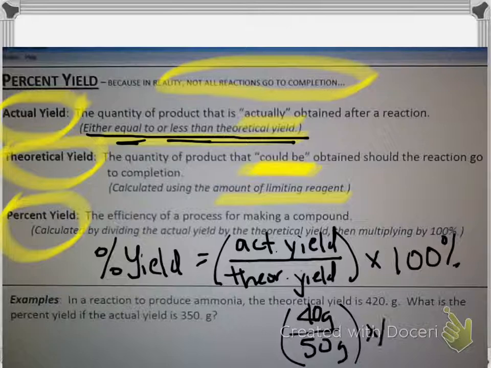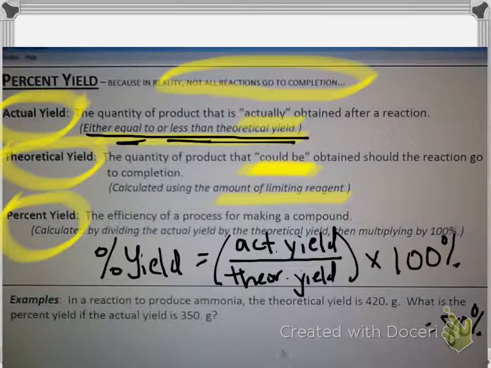Multiply it times 100, that would be 80%. Your yield would be 80%. That would be lower than efficiency. What does that mean, that percent yield? 80% of your reactants would be converted to products. That's what that means. So percent yields are usually 100% or less than 100%.